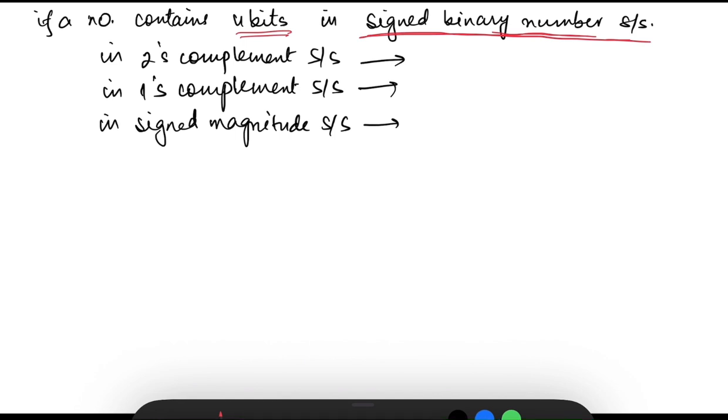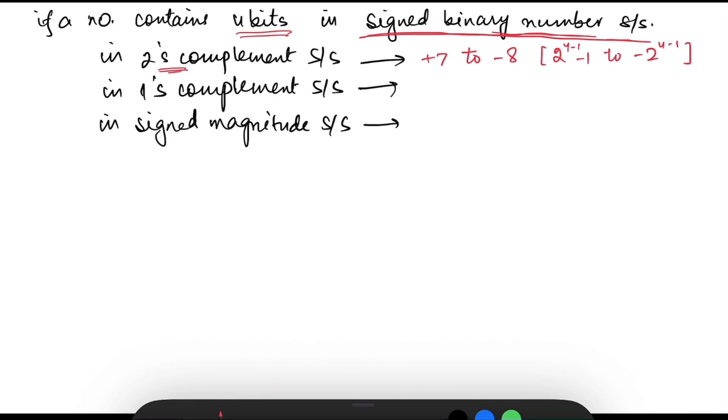Now if a number contains 4 bits in signed binary number system, then in 2's complement, 1's complement, and signed magnitude number system, what range of numbers can we represent? In the 2's complement number system, we can represent plus 7 to minus 8, that means including 0, 2 raised to the power 4 minus 1, minus 1 to minus 2 raised to the power 4 minus 1.